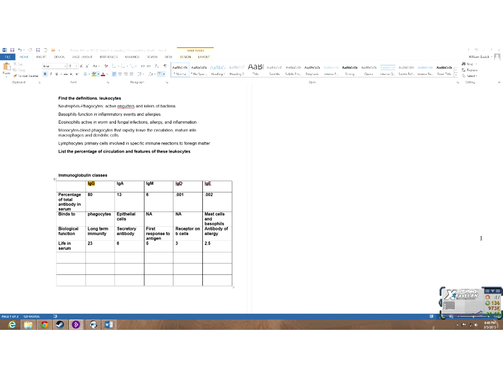Figure 15.1 has a good overview on the antigen and the antibody and everything like that. Kind of shows you what's happening.